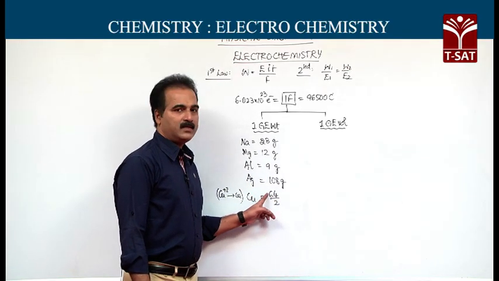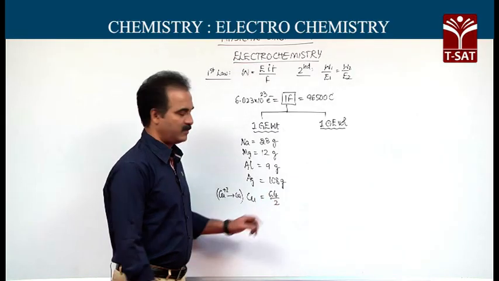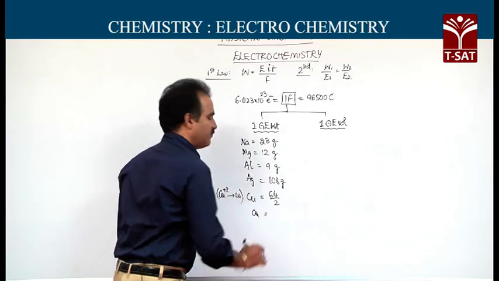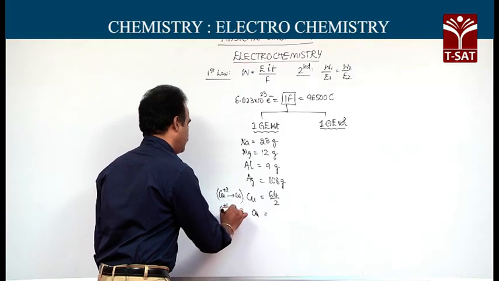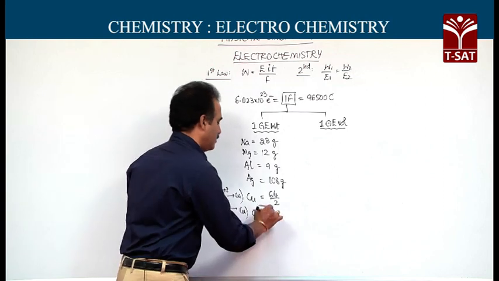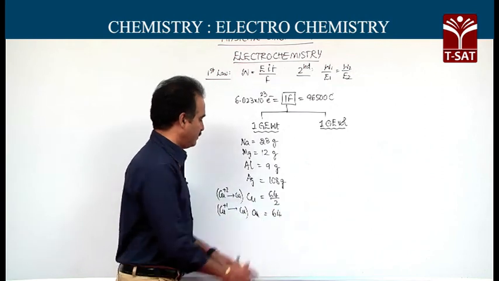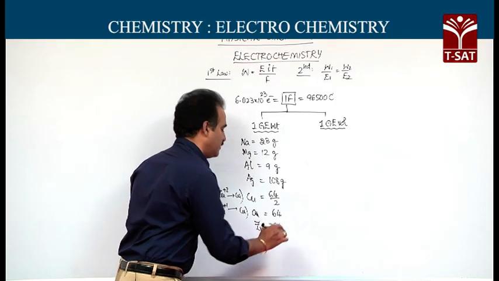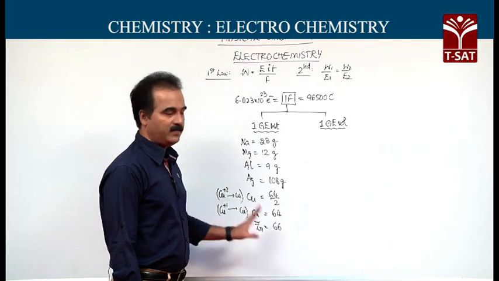The real value is 63.5, but we can take it as 64. If copper is deposited from the +1 oxidation state, its equivalent weight is 64 grams. Zinc is 66 grams, and like this we can take. This is gram equivalent weight.